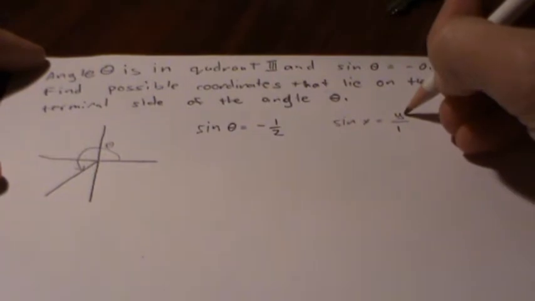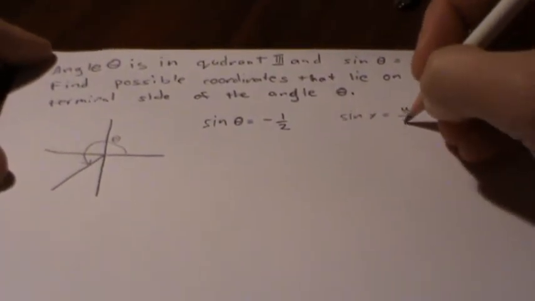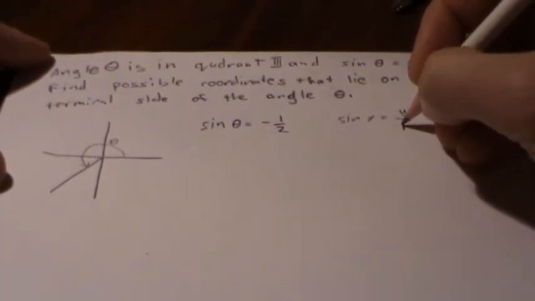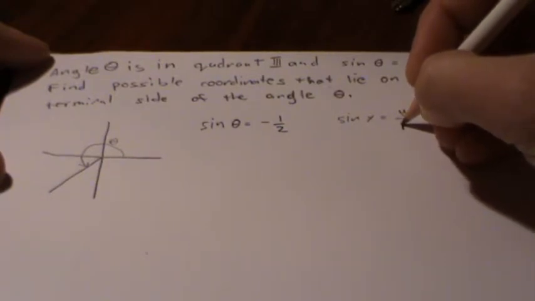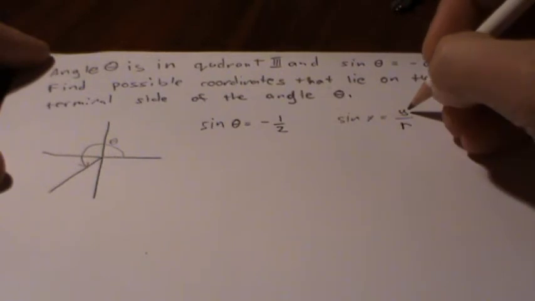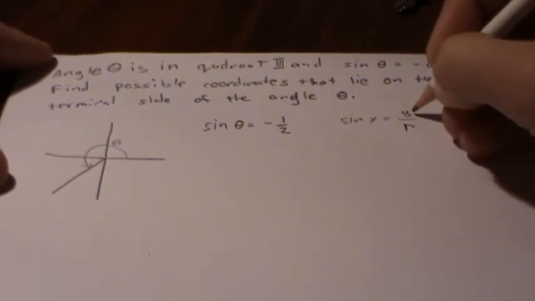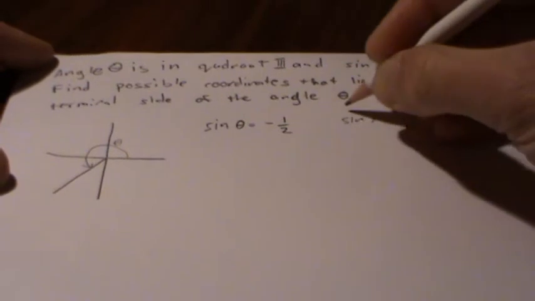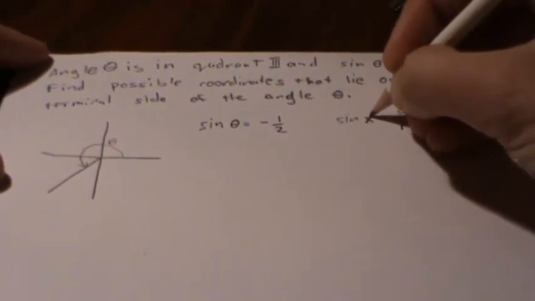What I meant is opposite over hypotenuse, or the opposite side over the radius, or the y coordinate over the radius. This is a formula from last week.